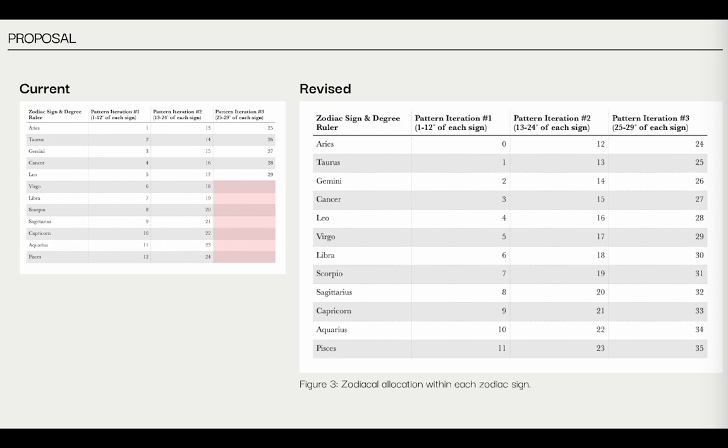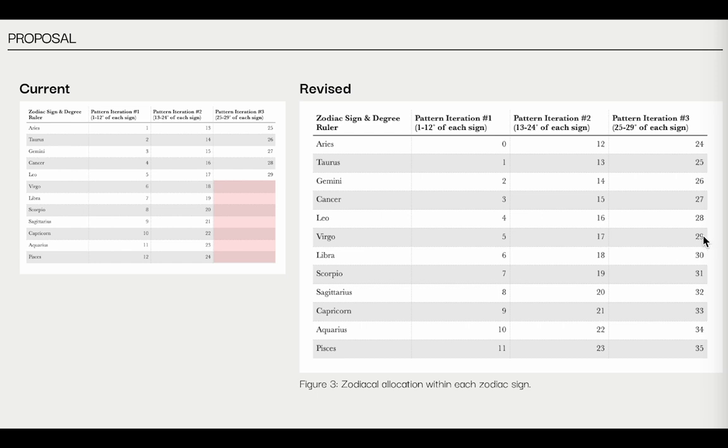On the left, you can see the current degree theory and the zodiacal applications to each degree within a zodiac sign. But to the right, you'll see the revised version that I have. With this version, you can see the pattern iteration 1 beginning with Aries, second iteration, and then the third iteration.